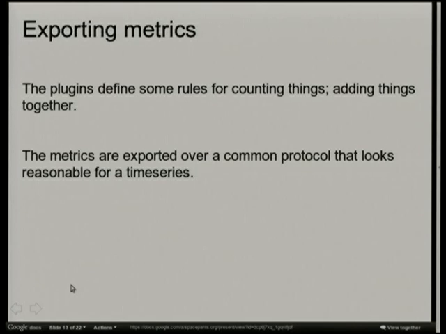The work typically is counting things, adding things together, extracting a string perhaps, things that you do with regexes. And then we export them over the common protocol. The Google one exports into the Google proprietary one. The open source one, which technically is open source, but not technically because you can't download it yet, is JSON format.